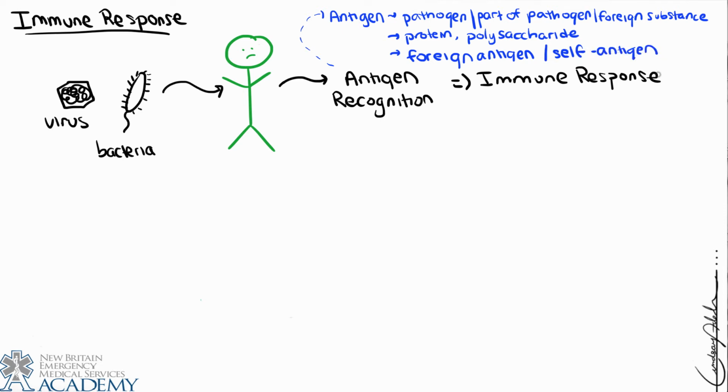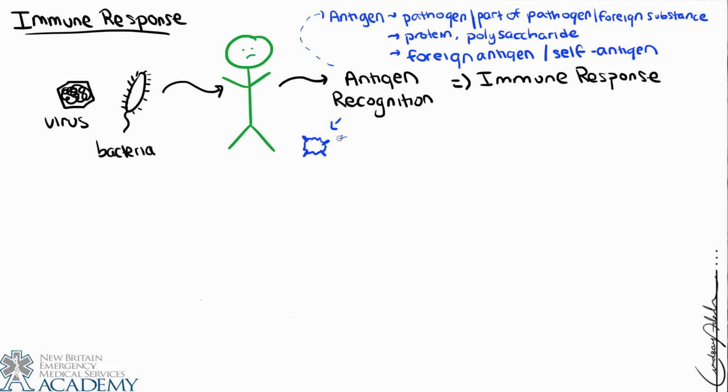We'll either call them foreign antigens, which we think of as bad and in need of an immune response, and then we'll classify the others as self-antigens, things that the body naturally produces and displays to different types of immune cells. I will always be specific and say foreign or self in order to make sure that we know what the expected outcome is going to be in response to the exposure.